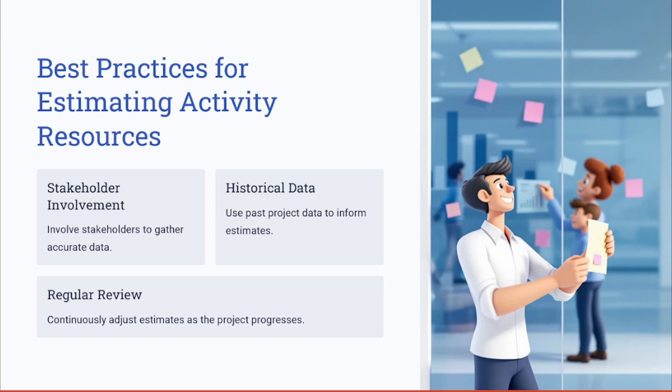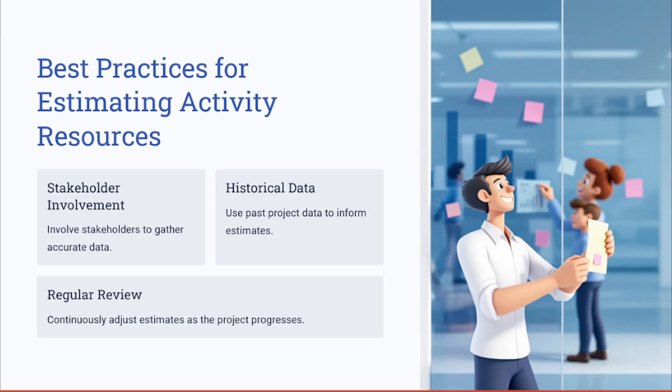Now let's look into the best practices when estimating the resource requirements. To ensure that your resource estimates are accurate, here are some of the best practices to follow. The first one is to involve the stakeholders in the estimation process to gather accurate and realistic data.